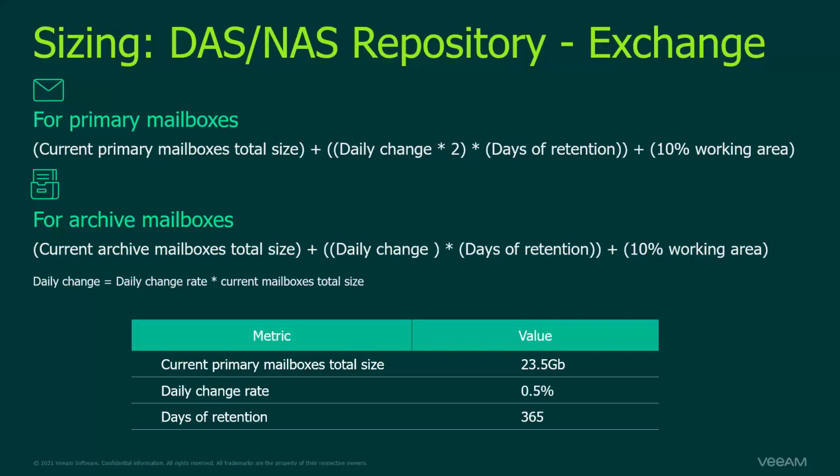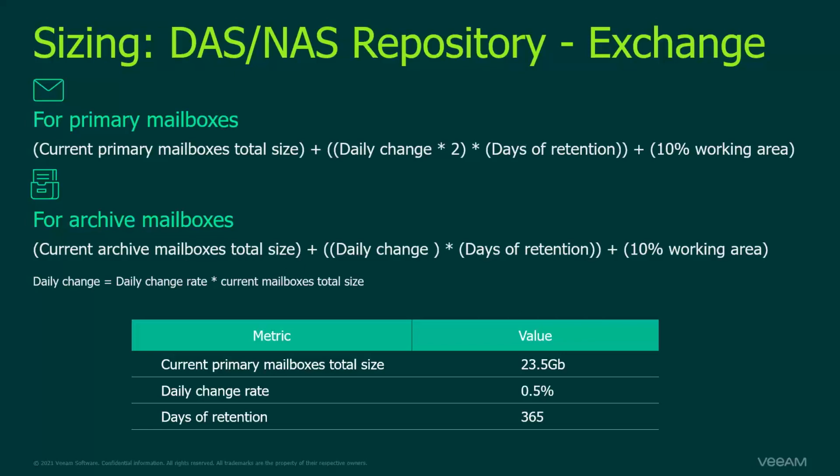Daily change rate: in the field, we experience a typical daily change rate from 0.2 to 1%. For normal mailbox backups, the change rate is multiplied by 2, as you can see in the formula, because archiving and file versioning will take up additional backup space. More optimistically, this factor can also be 1.5. Days of retention is simple. It's configured when you create the backup job.